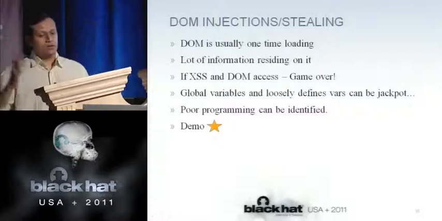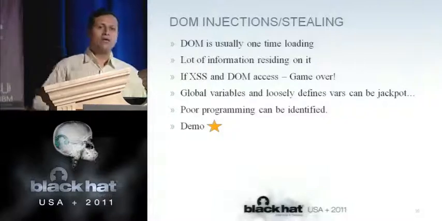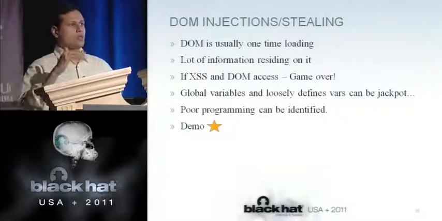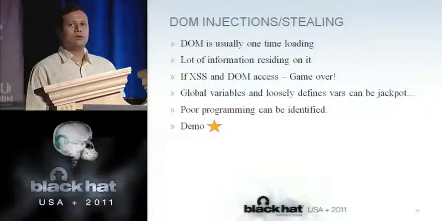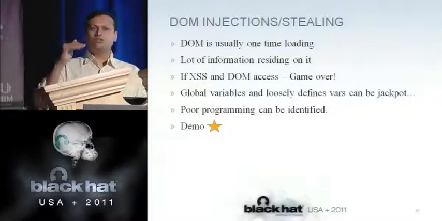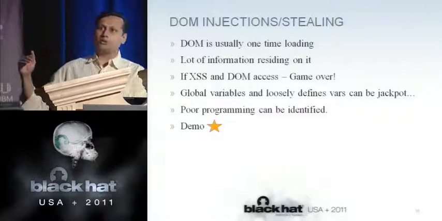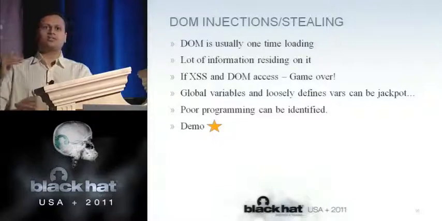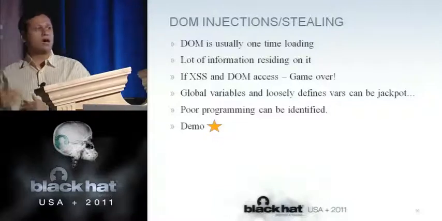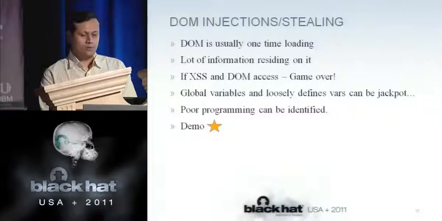Just look at Google or any Web 2.0 application and see how many global variables are created in your browser. All these global variables are nothing but local storage. So pretty much, if you have XSS, then someone can harvest all the global variables from your browser.